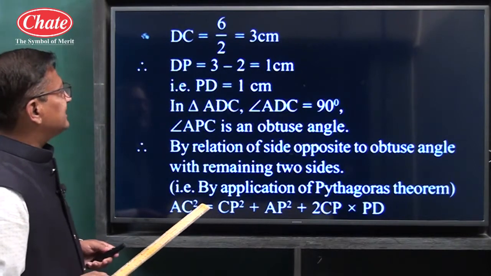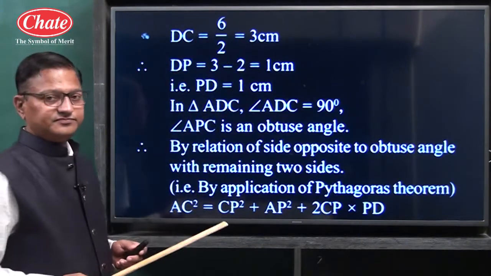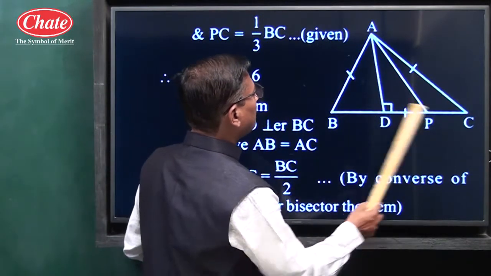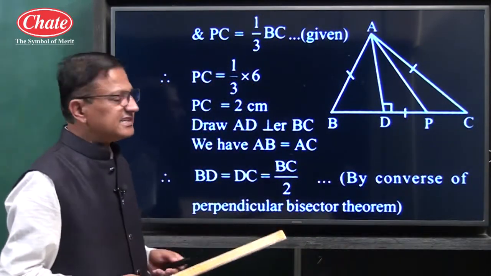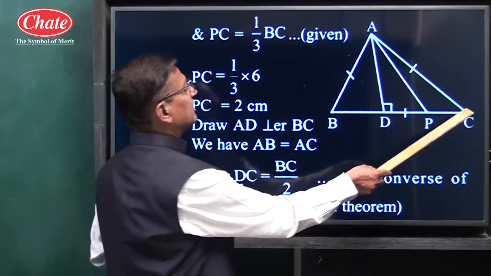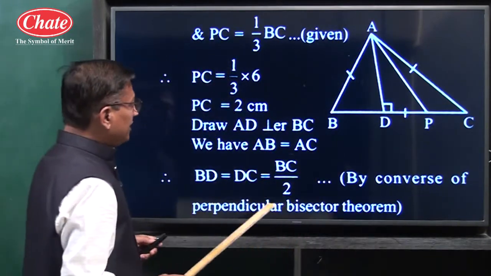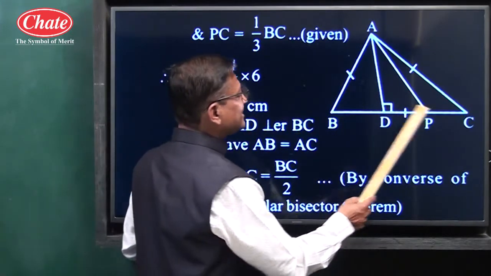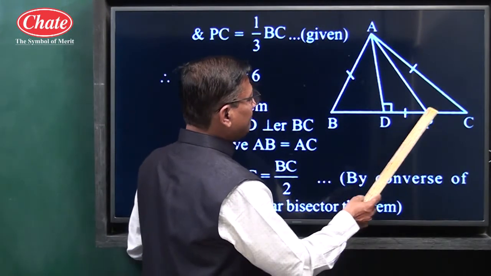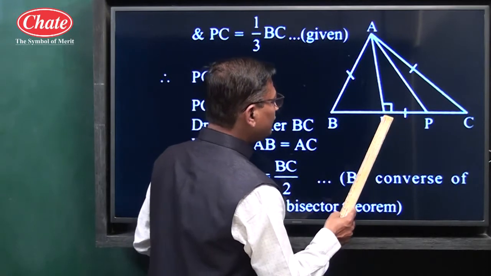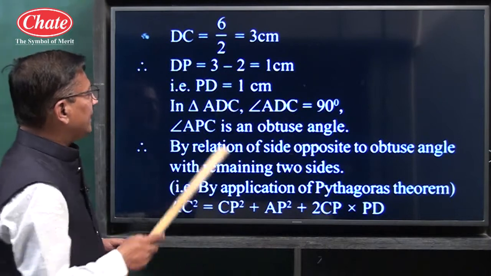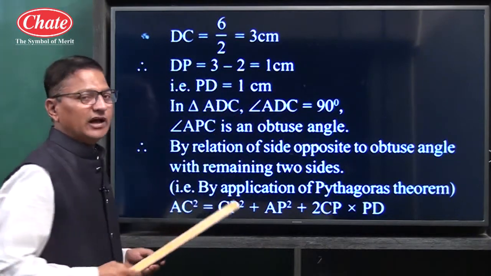Then we get DC is equal to 3. See here, DC is nothing but half of BC, but BC is 6. Therefore DC is equal to 3. Here we find PC is equal to 2, DC is 3. Obviously DP is equal to 1.